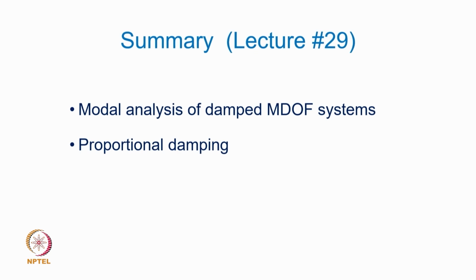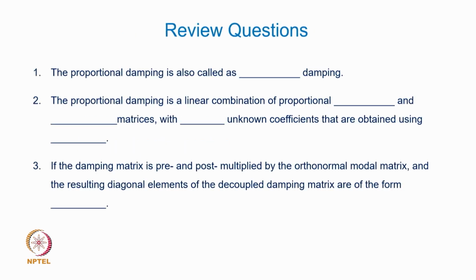In that context, we understood the concept behind proportional damping, and that helped us in generating equations which could be solved efficiently. In continuation, we also extended the free vibration analysis process using modal analysis to understand how the forced vibration response can also be obtained.